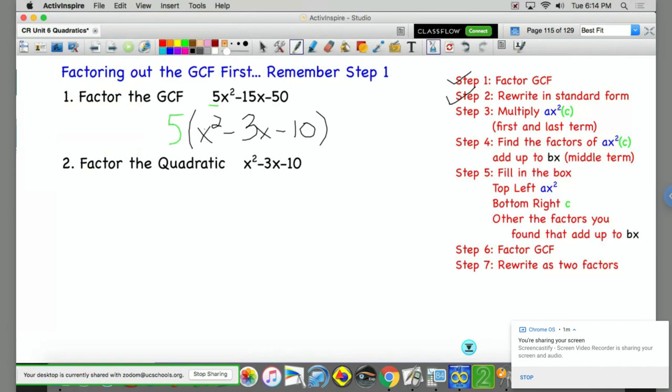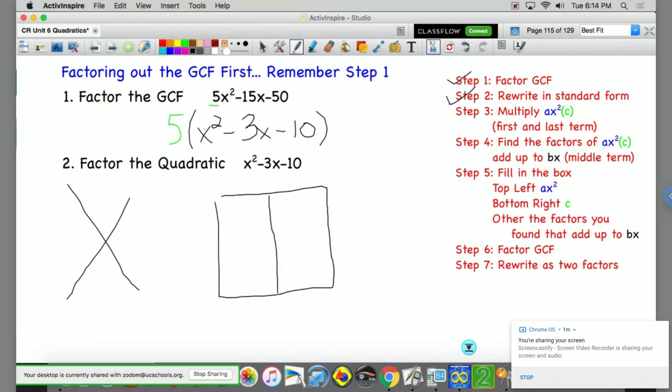So now we're going to go ahead and draw ourselves an X, draw ourselves the box. And now what I like to do first, now that we're doing all of this at once, is I like to go ahead and fill in my box, since I actually don't even have to do math for that. So the thing is we're not even going to be worried about this top one anymore now that we factored it out.